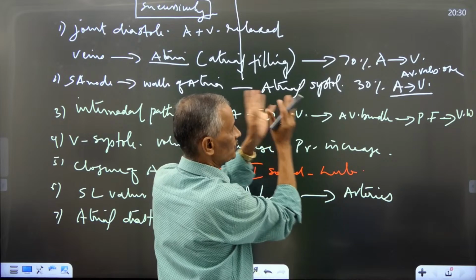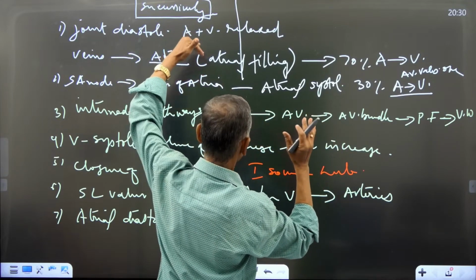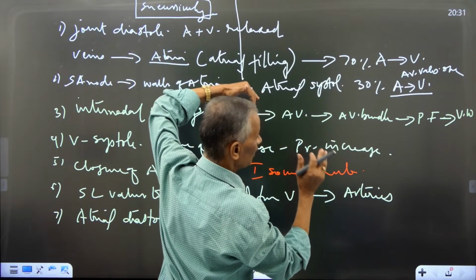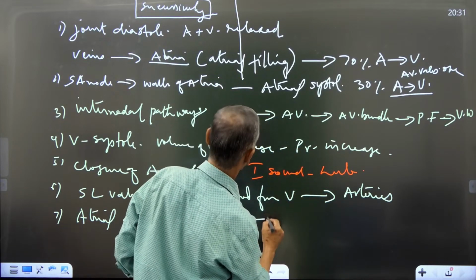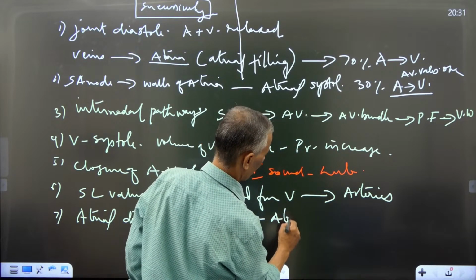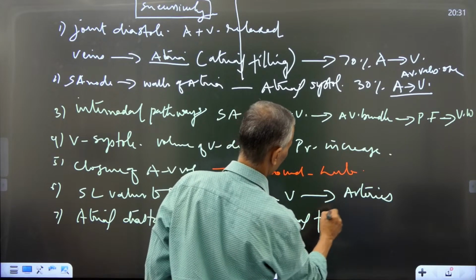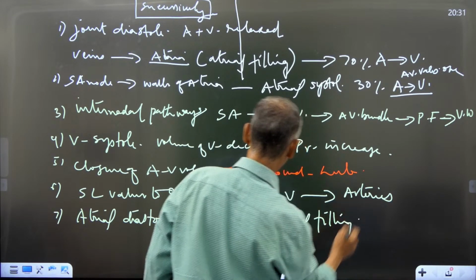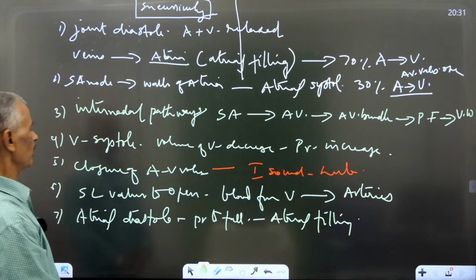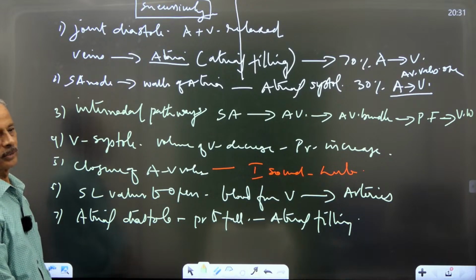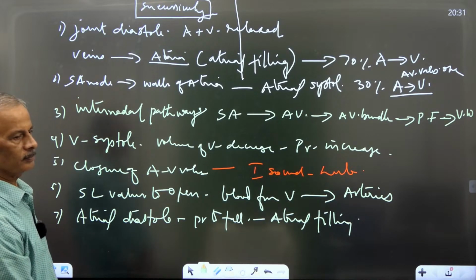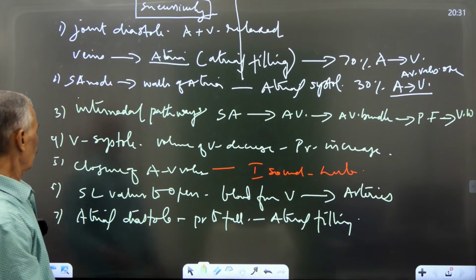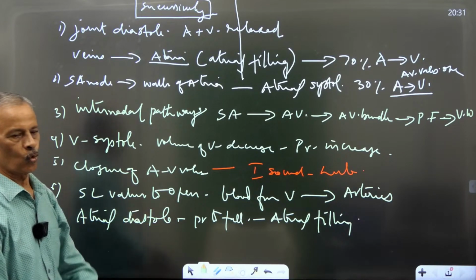Its pressure is decreasing, falling. So, pressure high in veins, pressure low inside the atria. So, you are having atrial filling. Now you got it? Atrial filling occurs when the atrium is in diastole. The atrium becomes full of blood. So the atria are in diastole.